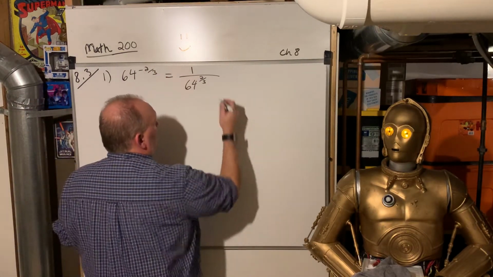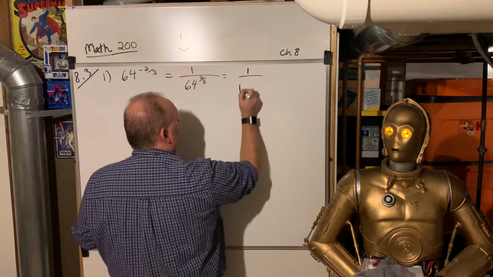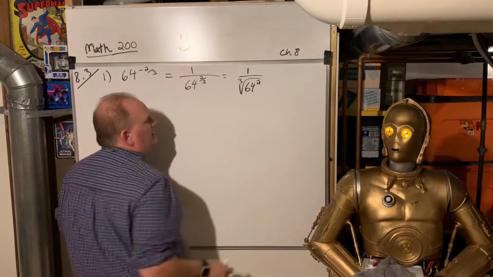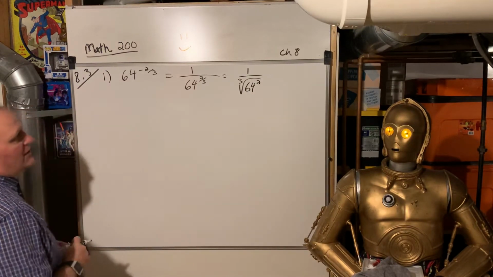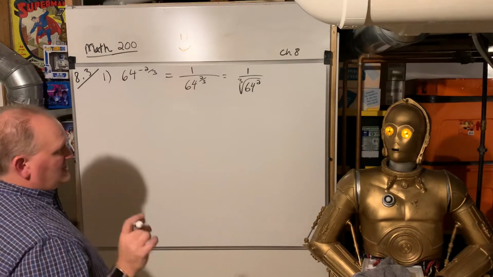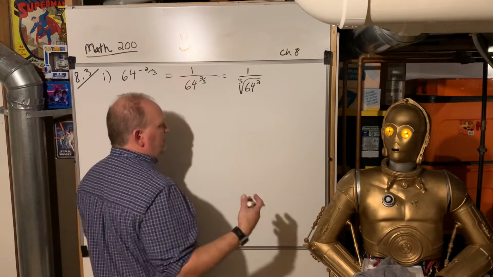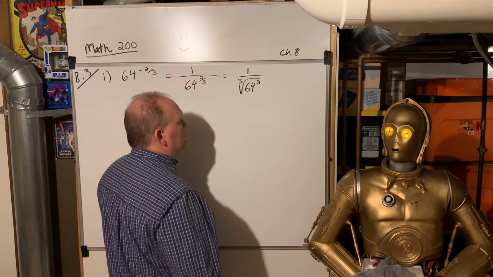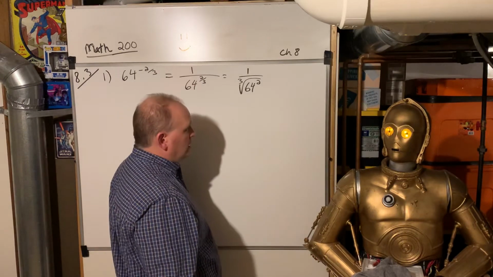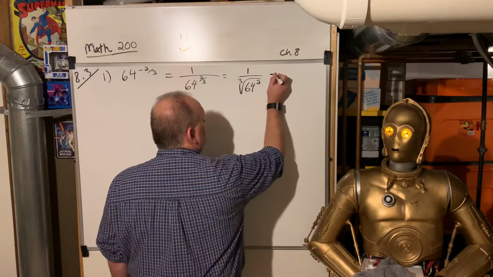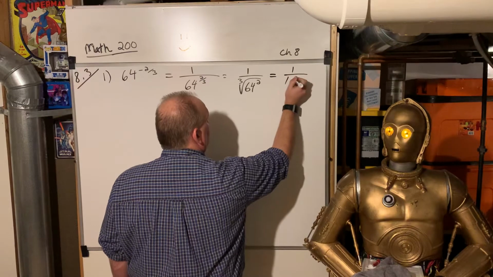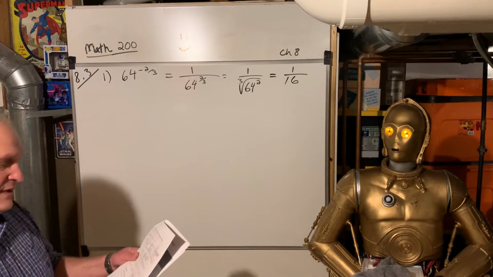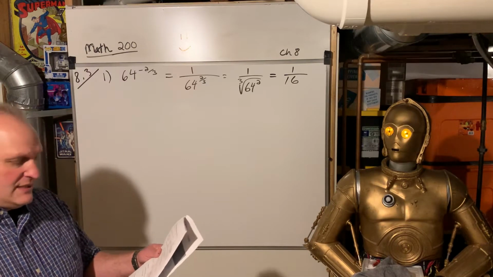All right? And so what is that? That is 1 over the third root of 64 squared. And again, if you take the third root of 64 and make it small first, you do the root first and then the squared second. You could probably do that in your head. The third root of 64 is 4, and then 4 squared is 16. So that is 1/16. Again, if you want to do 64 squared, you could do 4096 and then take the square root of that.